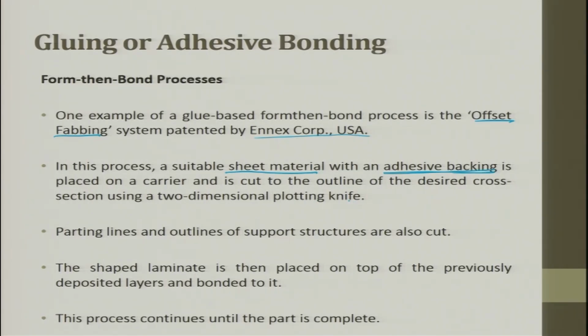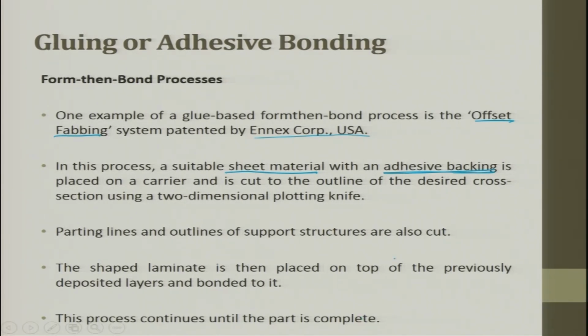First you cut it. Parting line and outlines of supporting structure are also cut. The shaped laminate is then placed on top of the previously deposited layer and the bonding happens on it. This process continues until the part is complete.